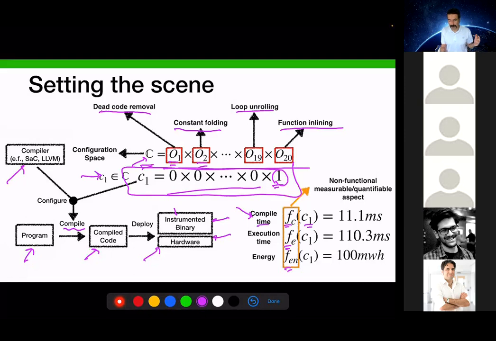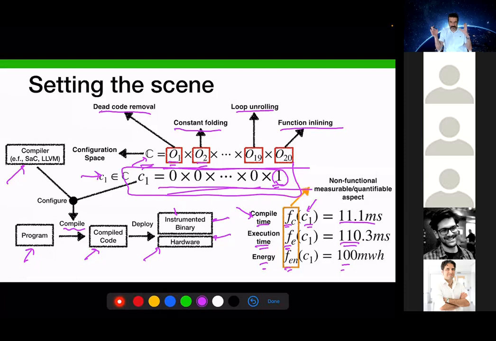In this case, compile time was 11.1 milliseconds. We have execution time, we have energy consumption, and we can measure them depending on how we instrument the system. So we have some measurements for the system, each of which is associated with a particular configuration.